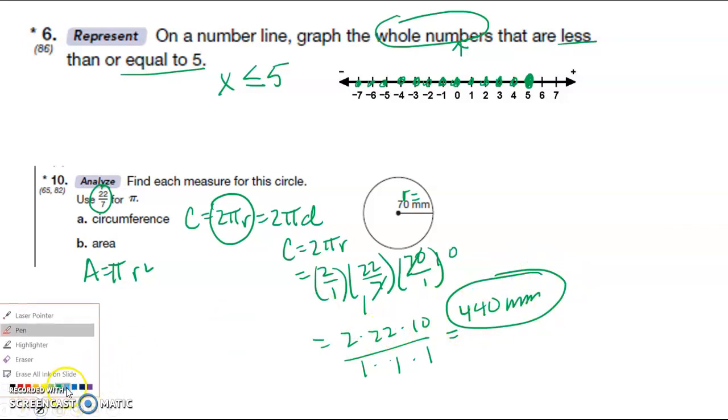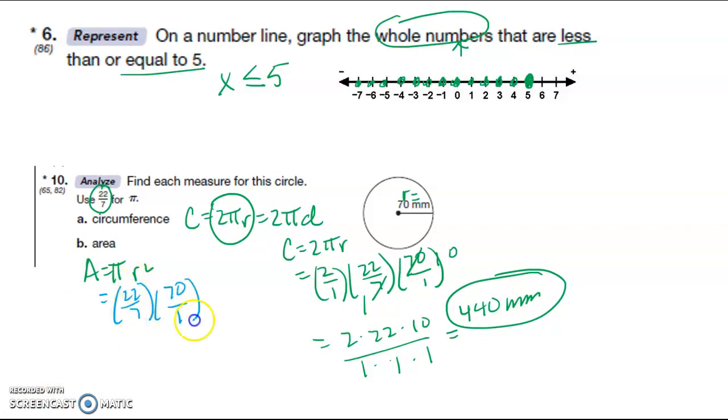Okay, I'm going to change. And then here I have 22 over 7 times 70 squared. So 70 squared is, I believe it's 490, no, 49, 4,000. Okay, this is why we don't do math in our heads, because the coffee is not merely strong enough.